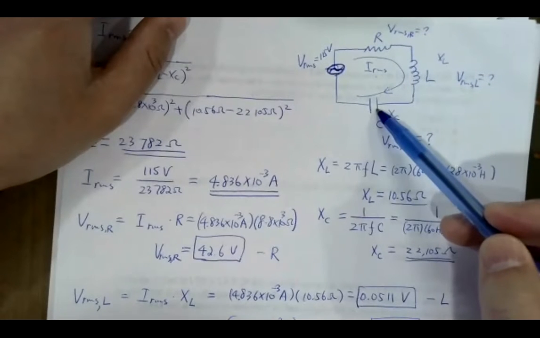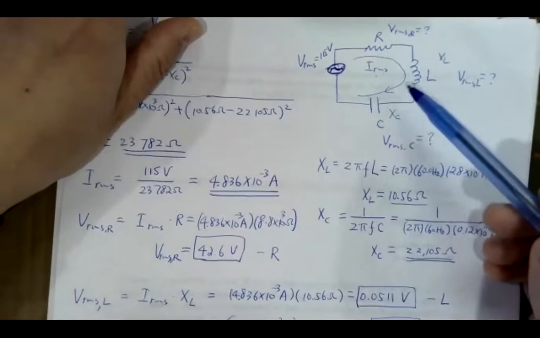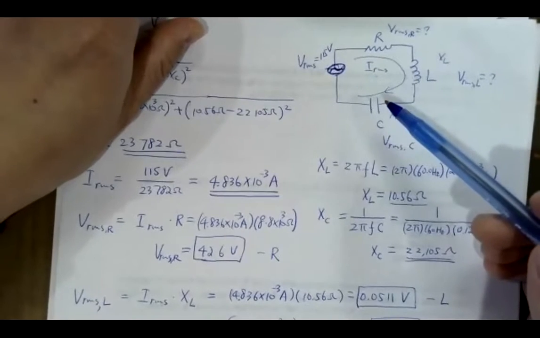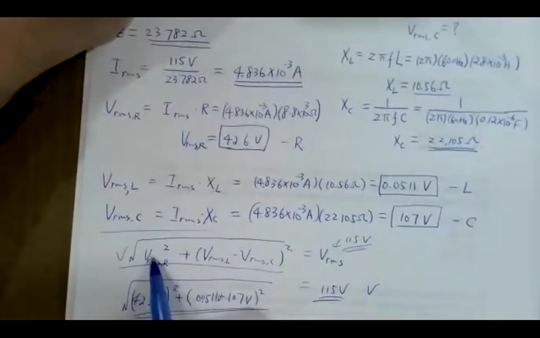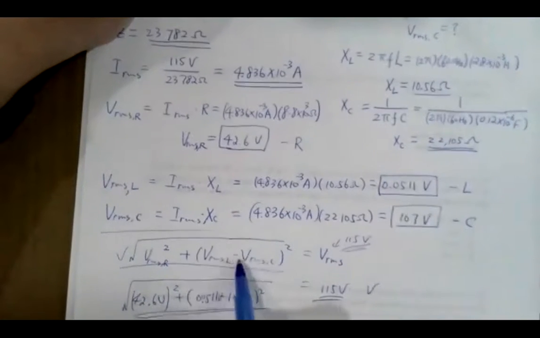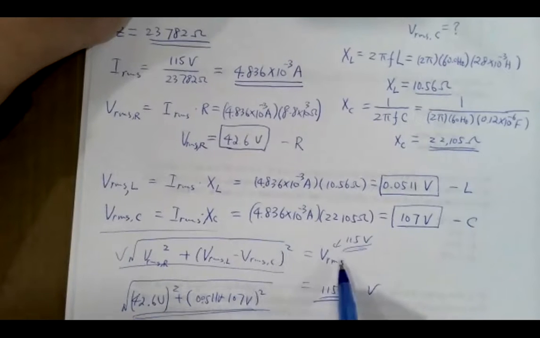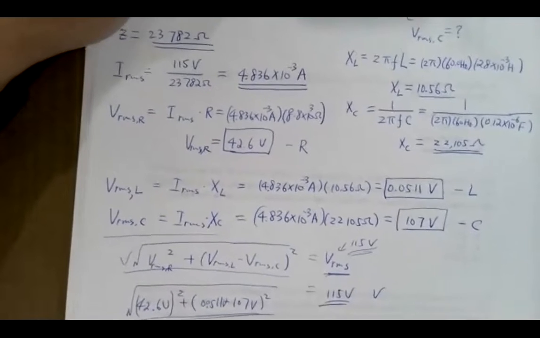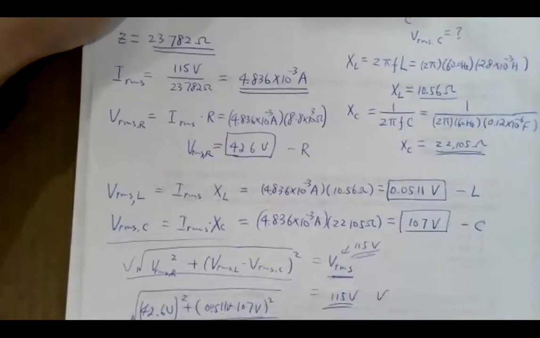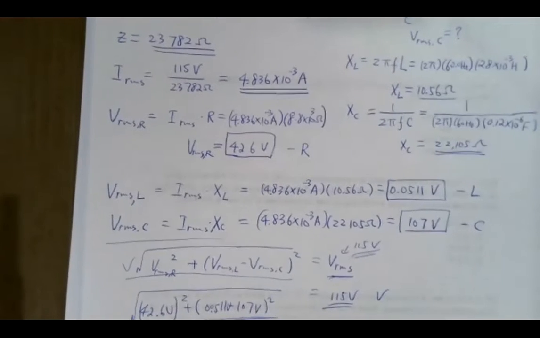This guy is not having a peak voltage either, okay? So you cannot simply add their root mean square quantity up or their maximum value up for that. Instead, you have to do the voltage on the resistor squared plus the voltage difference on the inductor and capacitor squared, okay? That should be equal to your overall total voltage, okay? Because there's a phase difference there. They don't peak at the same time.